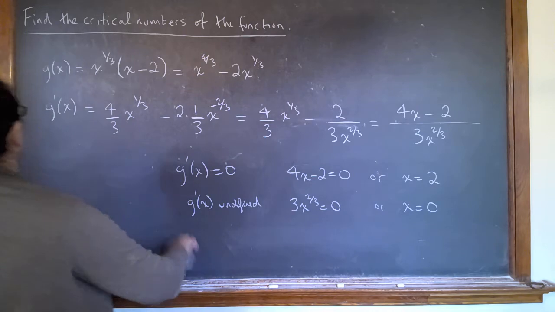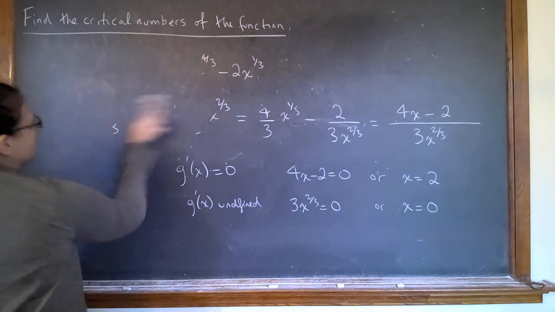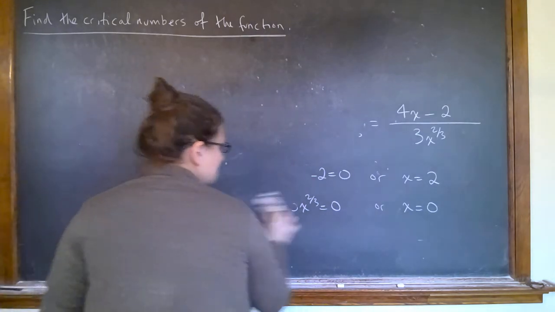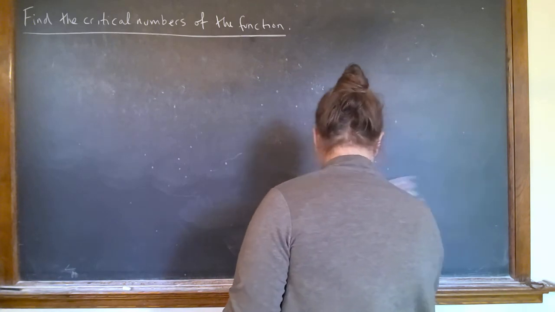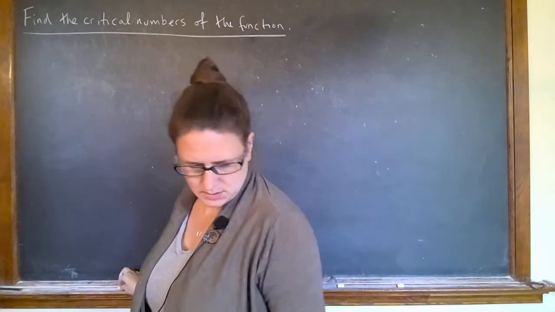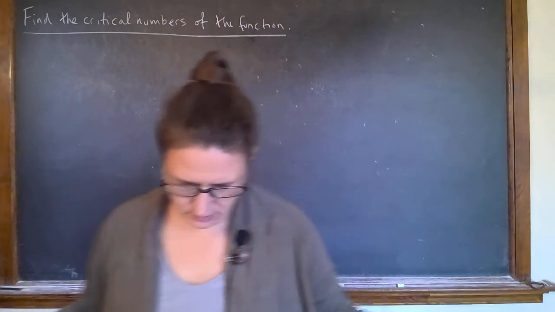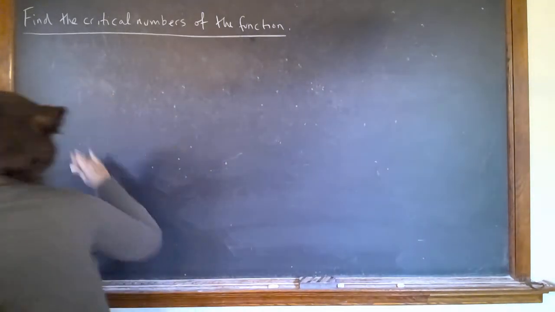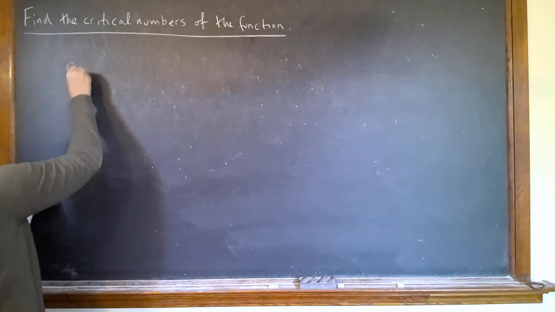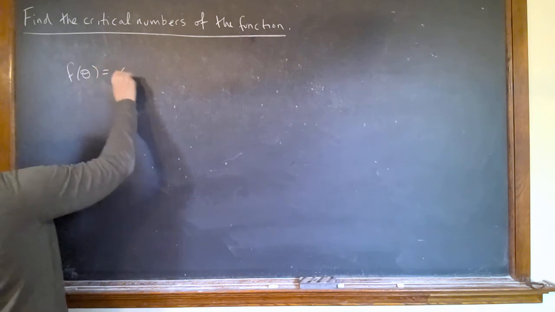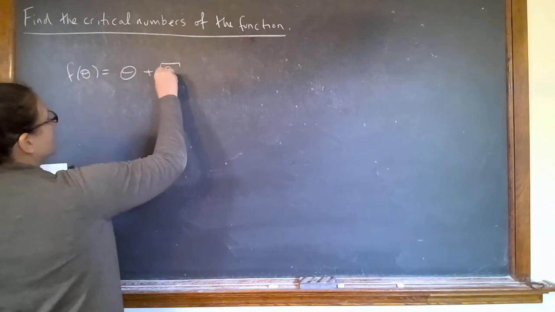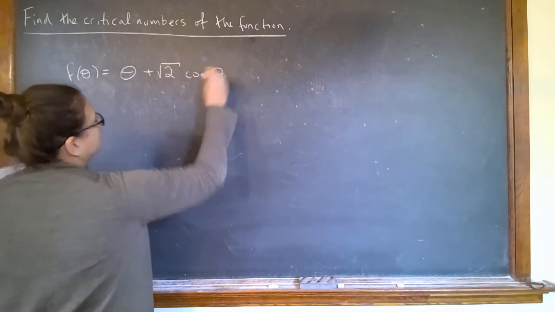All right, let me see. I got maybe one more. Hey, where'd it go? All right, so f of theta is theta plus square root of 2 cosine theta.